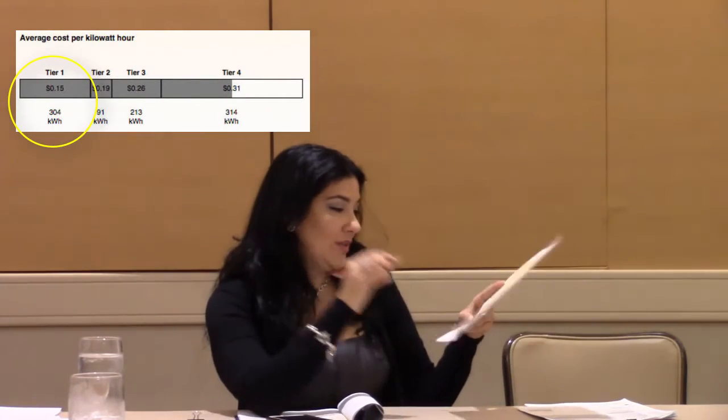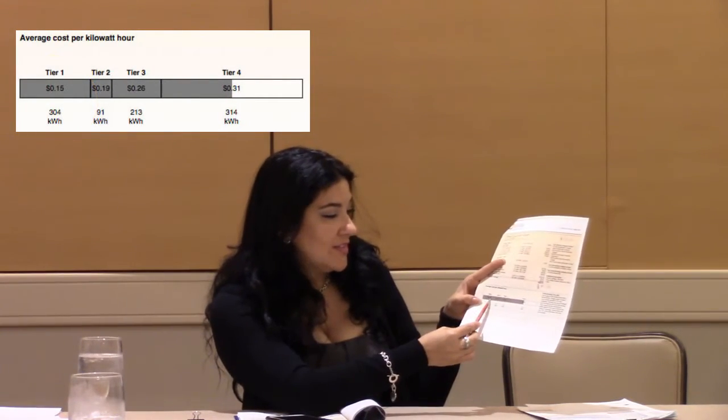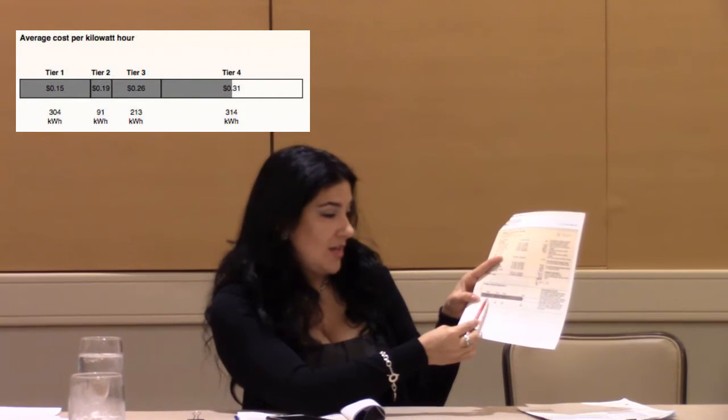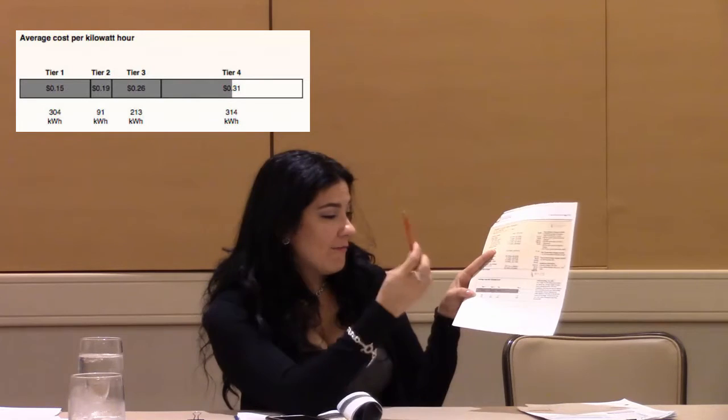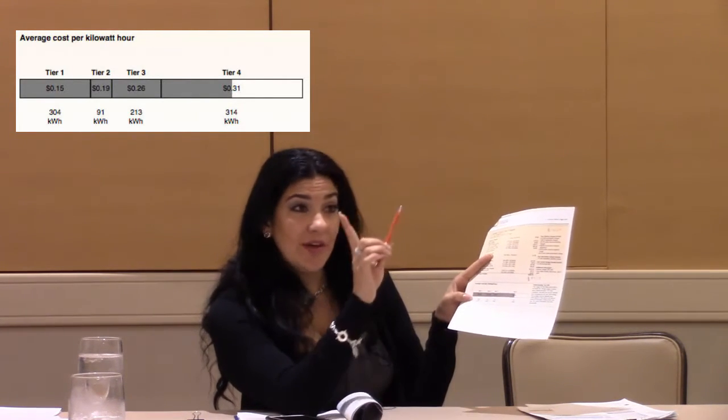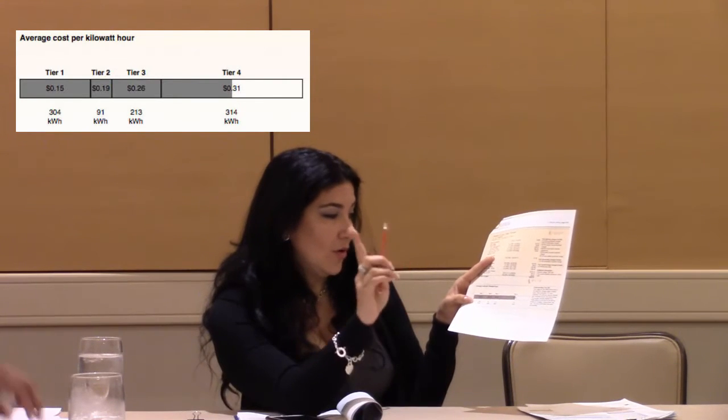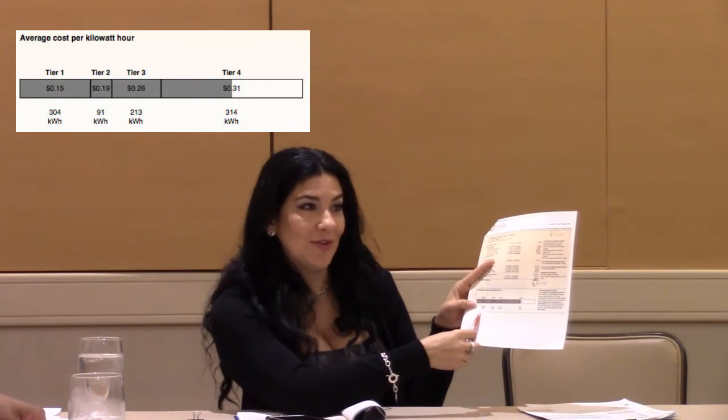At this point, they are charging you 15 cents per kilowatt-hour. Kilowatt-hour is the unit that we use to measure electricity, like a gallon for milk or a minute for time. So for every kilowatt-hour, they are charging you 15 cents in tier 1. But they are telling you that you're only allowed to use 304 kilowatts.